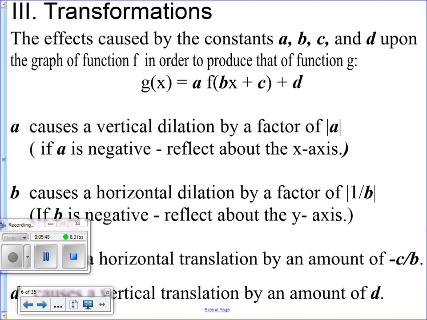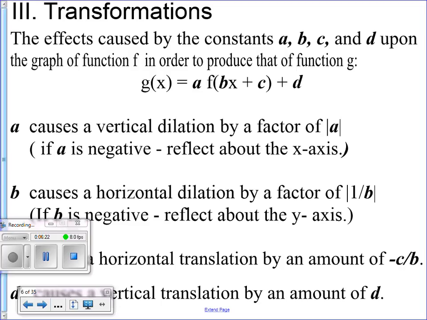The other thing you want to remember: multipliers stretch or shrink, and numbers that are added cause shifts. So we've got vertical dilation, horizontal dilation, and shift. That's the big thing. And it's those horizontal ones that are always a little screwy.